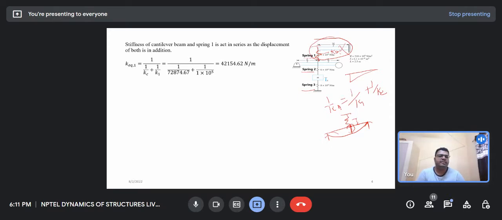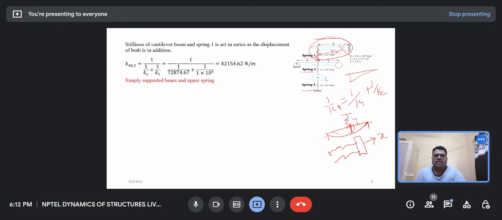And if the deflection is the same at the points, like these two springs and this mass block, and I give some displacement x, the displacement in both the springs is the same, so these two springs behave in parallel.